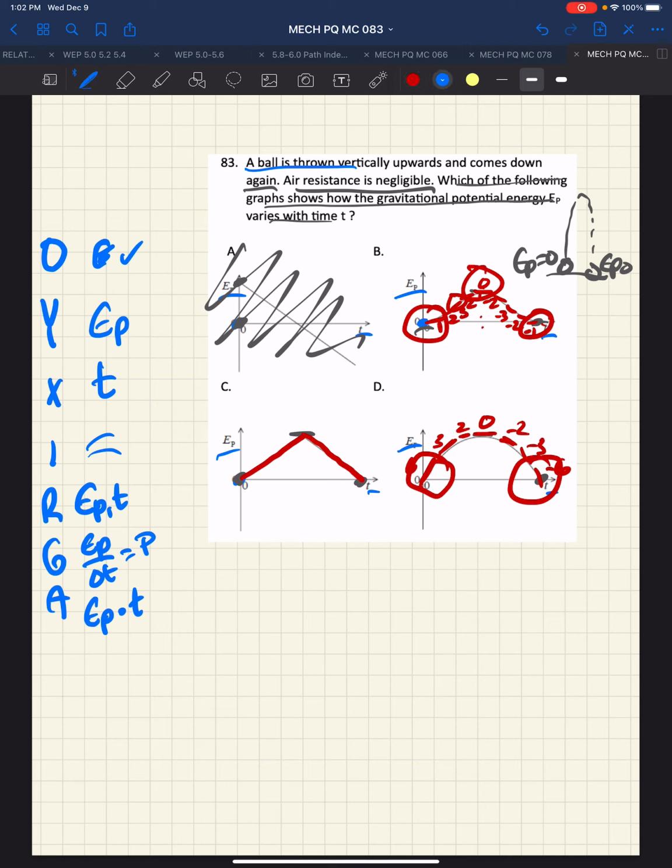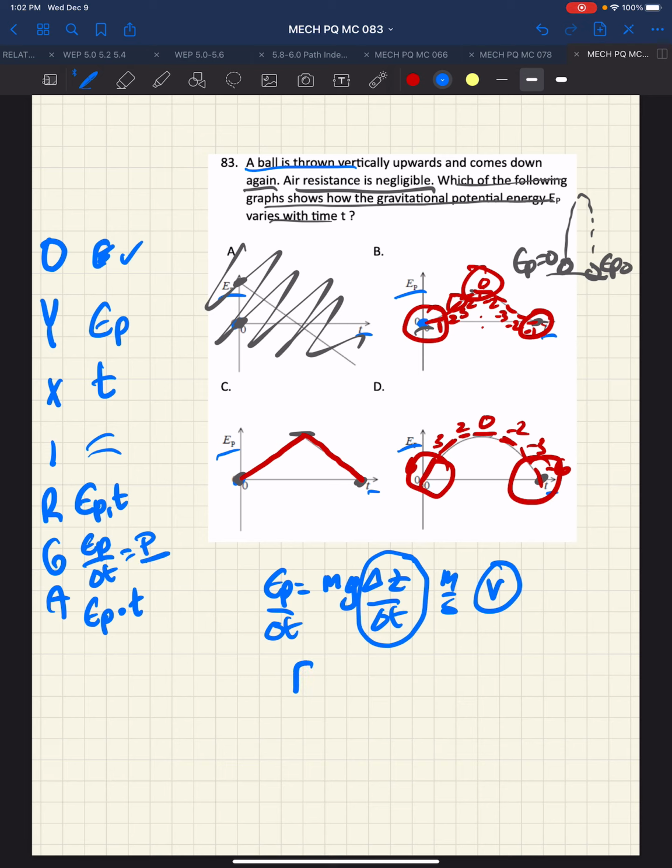The slope is going to be mg delta z all over the change in time. Now this delta z over delta t we should recognize as meters per second, so it's the velocity. And remember, we also said that the gradient is power, and power equals Fv.